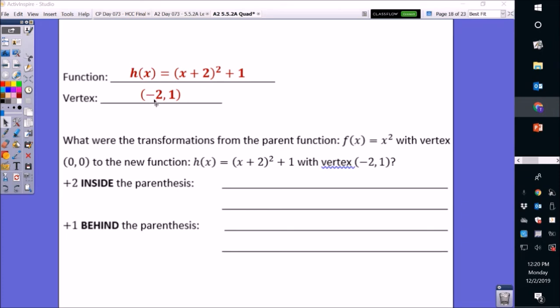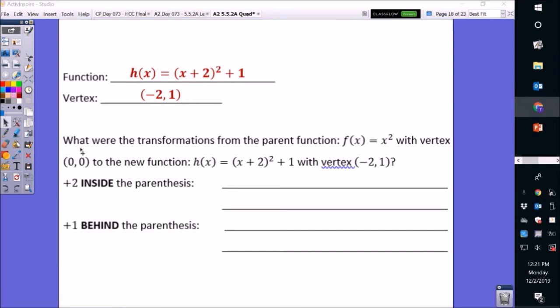So negative 2 will be the x value of the vertex, as shown here. And then the same y applies to the number that's behind the parenthesis. If it's positive 1, then the same y will also be positive 1 for the y value of the vertex. So we're going to be using this vertex to help us graph with the xy table.